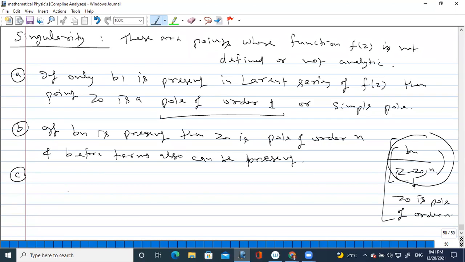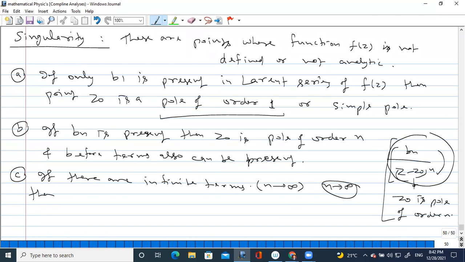Number three condition is that if there are infinite terms, meaning n tending to infinity, but for the principal part only I am talking.